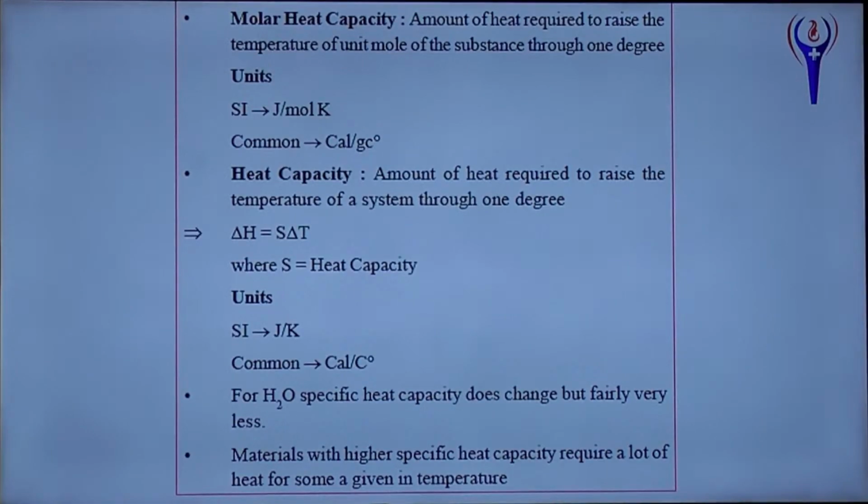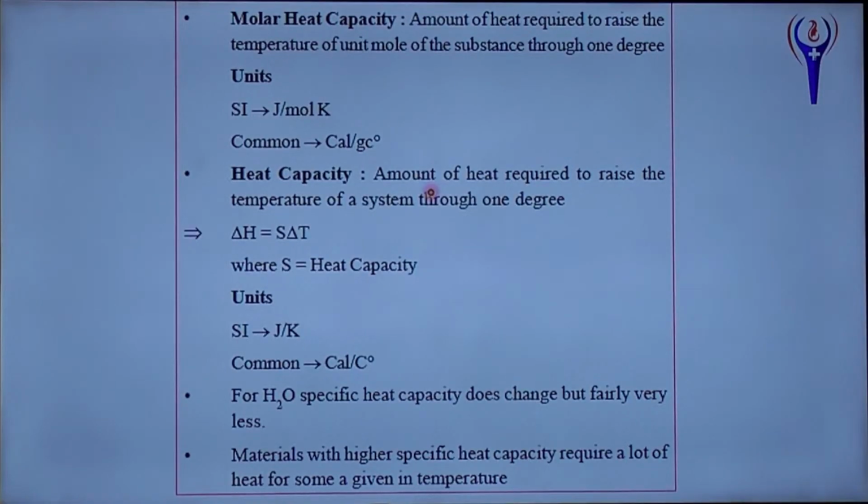And heat capacity. Heat capacity is the amount of heat required to raise the temperature of a system through 1 Kelvin. This is heat capacity. S is the heat capacity, and delta H is the heat energy raised or lowered.